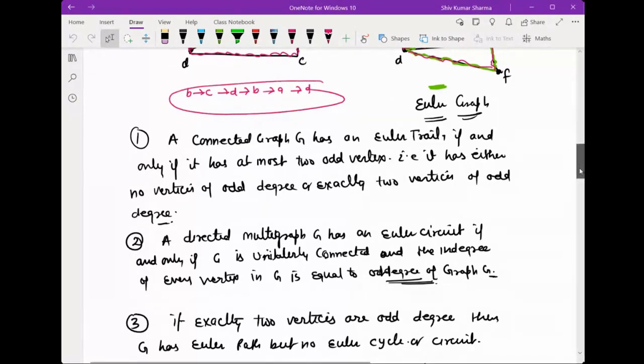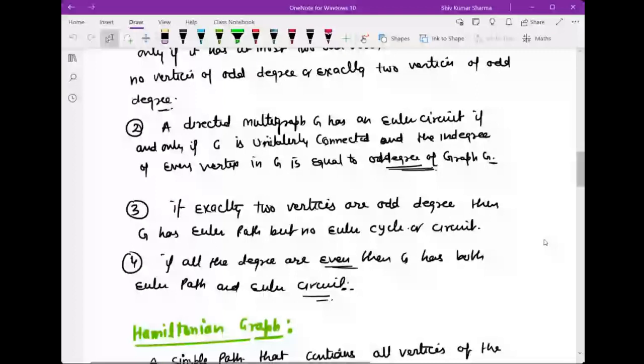Third point is that if exactly 2 vertices are of odd degree, then G has an Euler path but no Euler circuit or Euler cycle. If a graph has 2 vertices of odd degree, then that graph cannot make an Euler circuit, so it is not an Euler graph.